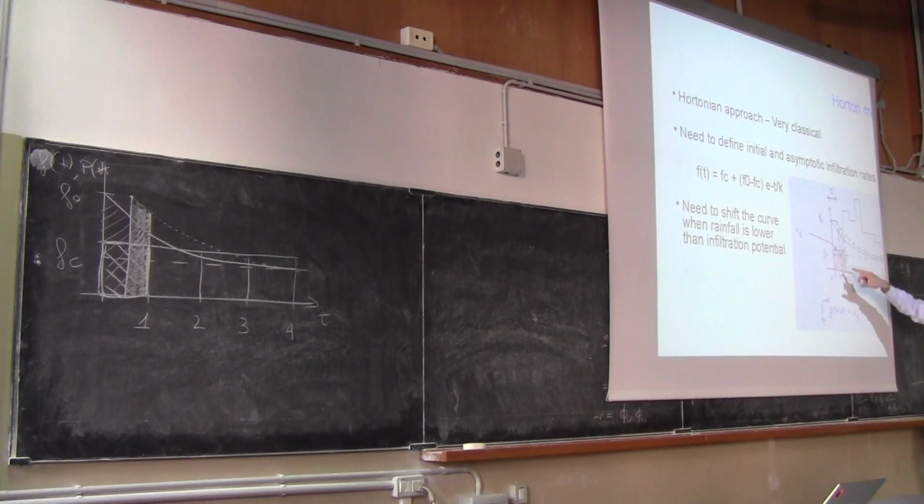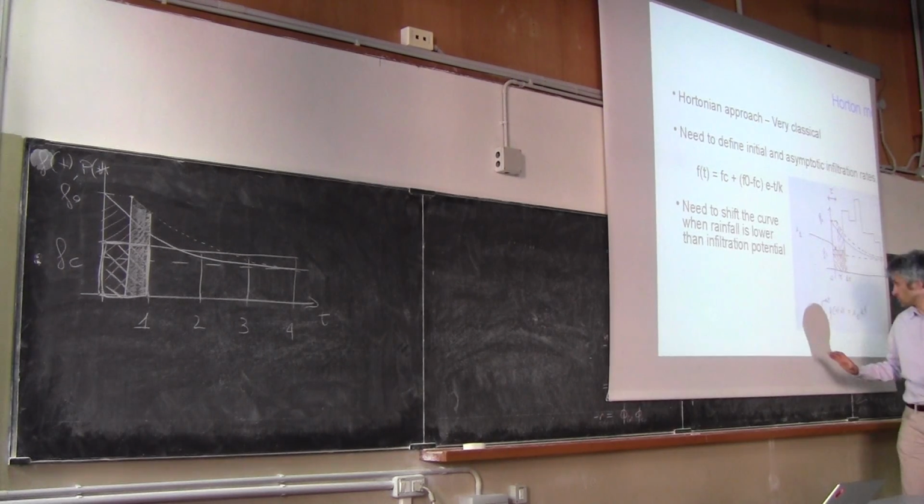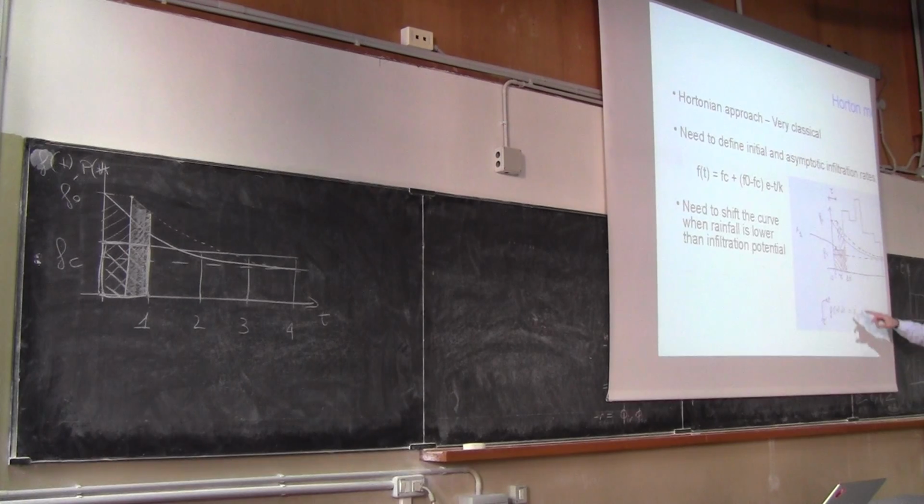It is exactly the same thing that you can see here. So you compute, for varying tau, which is comprised between 0 and 1 in our case, the integral between tau and 1 of the infiltration curve, and you find the tau value which makes the integral identical to I1 times the time step.